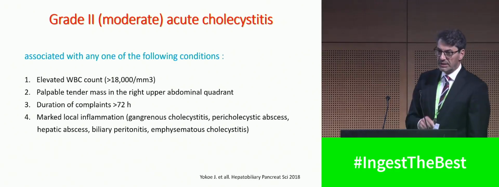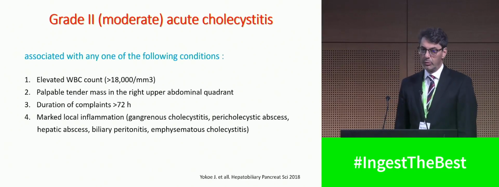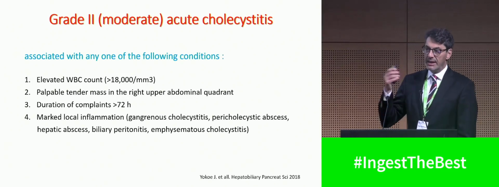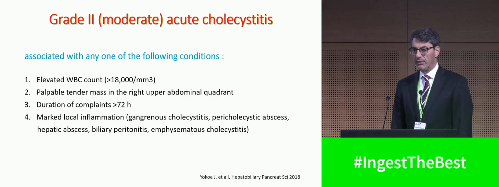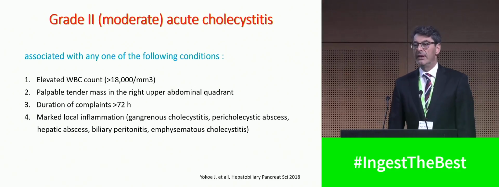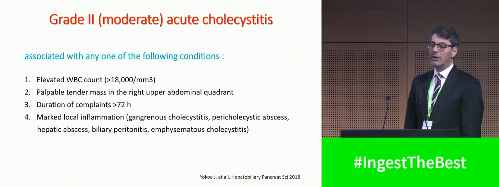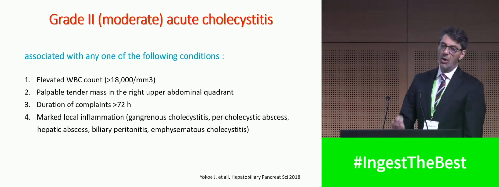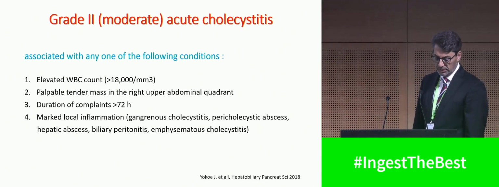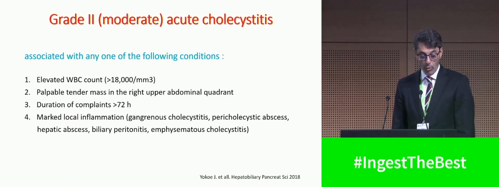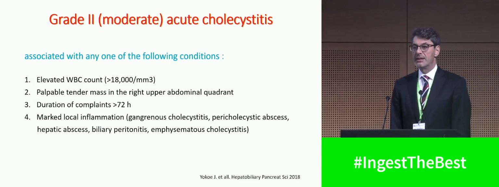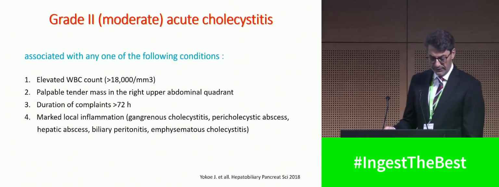So the biggest difference between grade 2 and grade 3 is that in grade 3 we have systemic organ failure, while in grade 2 we have very severe but local signs such as gangrene or abscess, or very high leukocytes, but the patient is still not in organ failure.